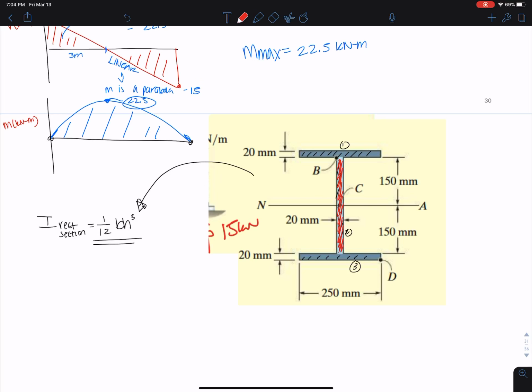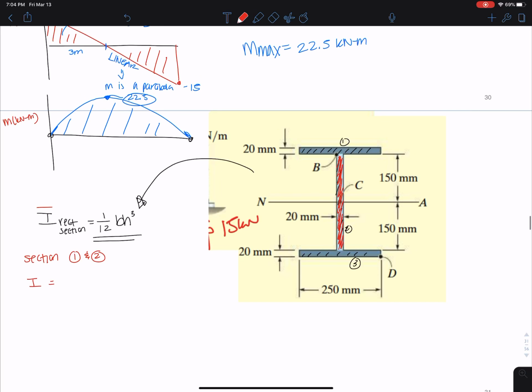For the other 2 sections in dark gray, I can use the same formula, but with a trick. I'm going to call this I bar. For sections 1 and 3, I would be I bar, 1/12 BH cubed of that section, plus the area of that section times d squared.